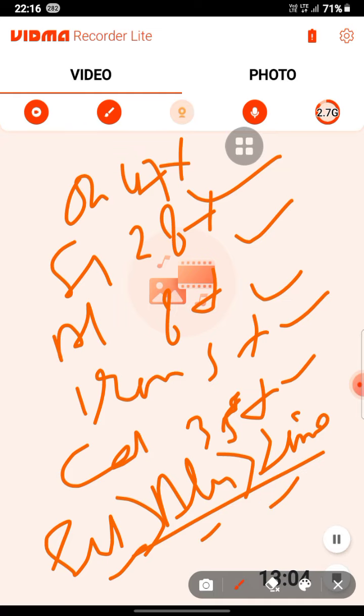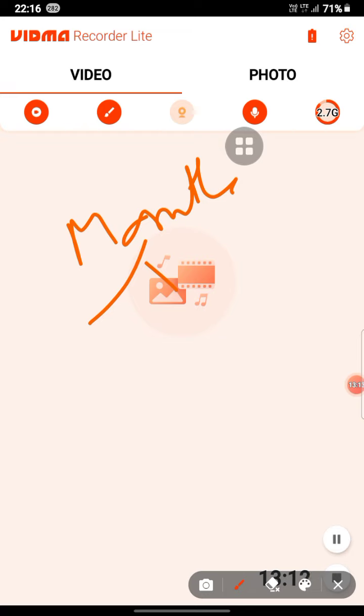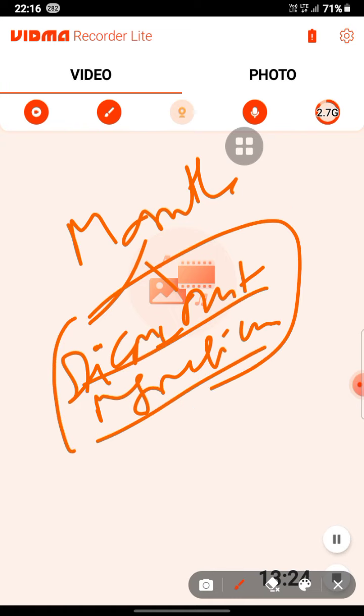Okay, now we are going to discuss the mantle. The mantle is the layer below the crust. The composition is silicon, oxygen, and magnesium.